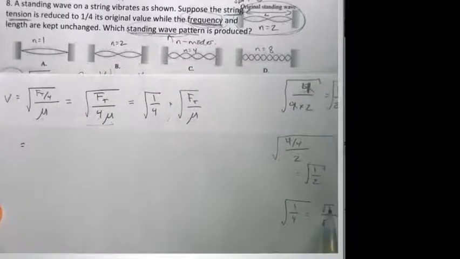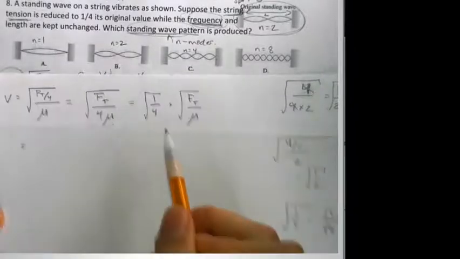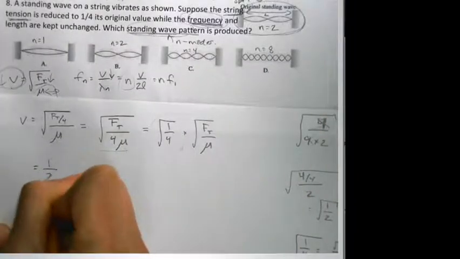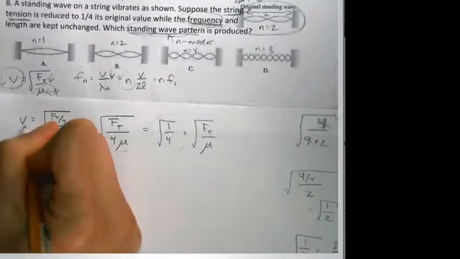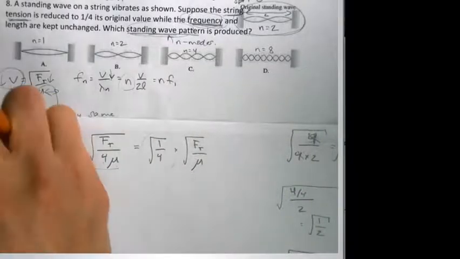So square root of 1 is 1, square root of 4 is 4. This is a half. So if this is the final velocity, this is 1/2 of the initial velocity because we lowered it by a factor of 2.